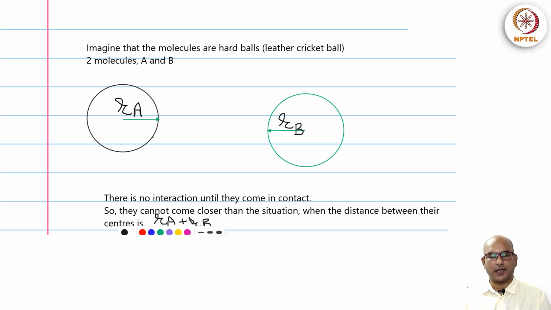Basically what it means is, let us assume that these molecules have to collide, but since they are hard balls they cannot squish. But if they are moving and the RB molecule moves like this, it will miss, it will not interact with the RA molecule, so there will be no reaction. And if the molecule moves like this, it will collide and there will be a reaction.